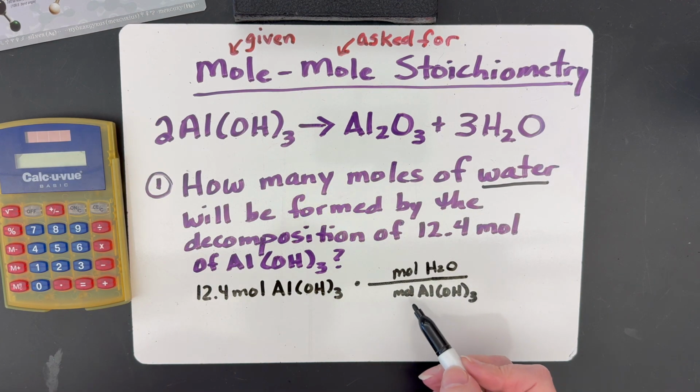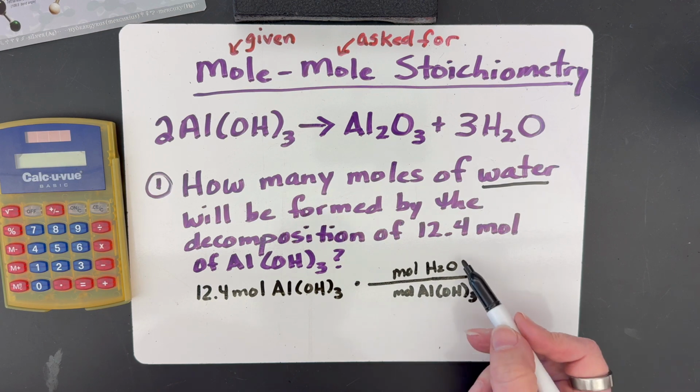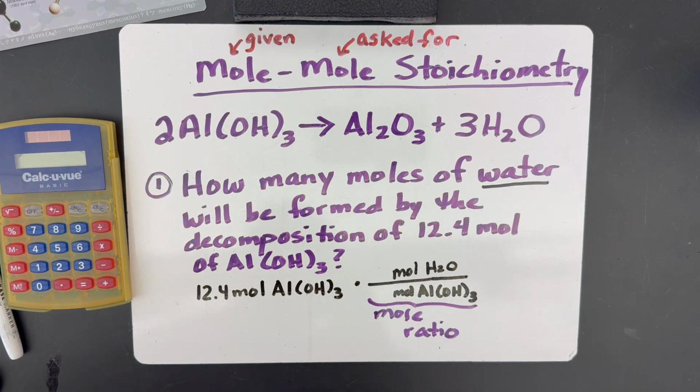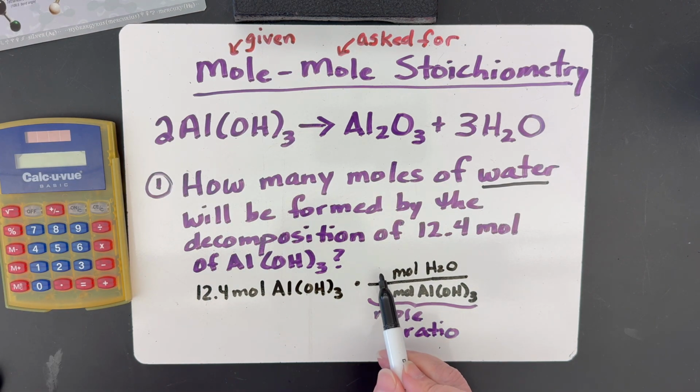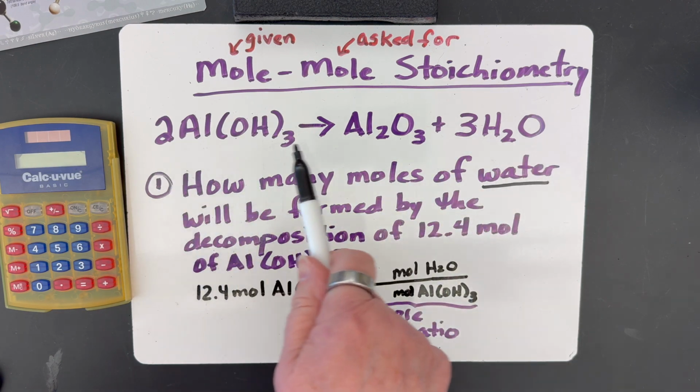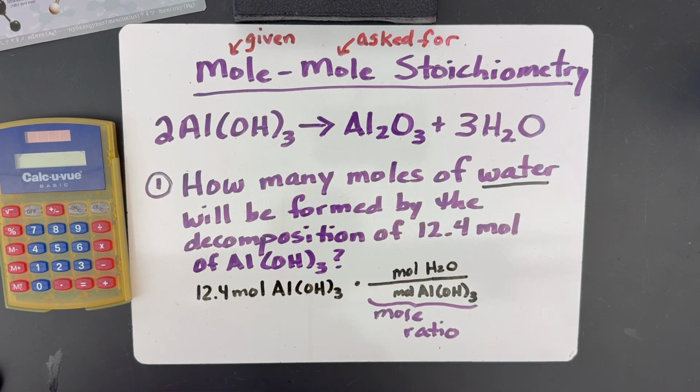Now in front of these, whenever you have mole over mole and two different substances, this is called the mole ratio. And you have a mole ratio in every single stoichiometry problem. Where you get the numbers that go in front is from the balanced equation. That's why you need a balanced equation in order to solve these.